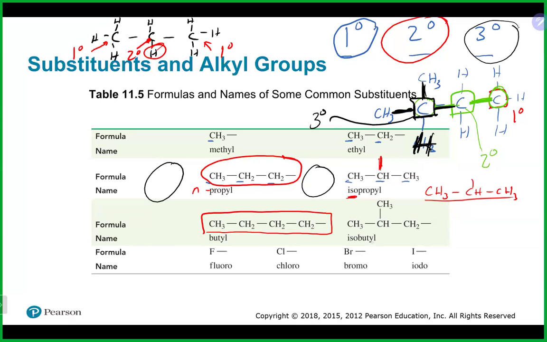But if you take out this one right here and let it attach there, it will still make an iso group, but this is known as isobutyl, as it basically has one more carbon attached, which is the butane part of it. So there is isobutyl, there's isopropyl. I think those are two very common ones.